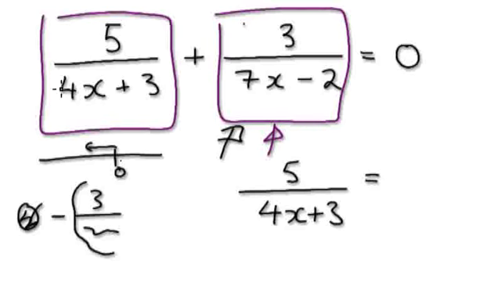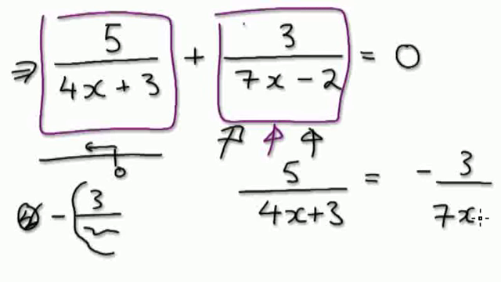So what I'm trying to say is, when you are here, if you take away this block here, you will have this minus 3 over 7x minus 2. Okay, that's what you have. You have this minus this, but I can actually push this minus into here. So these two are actually the same.